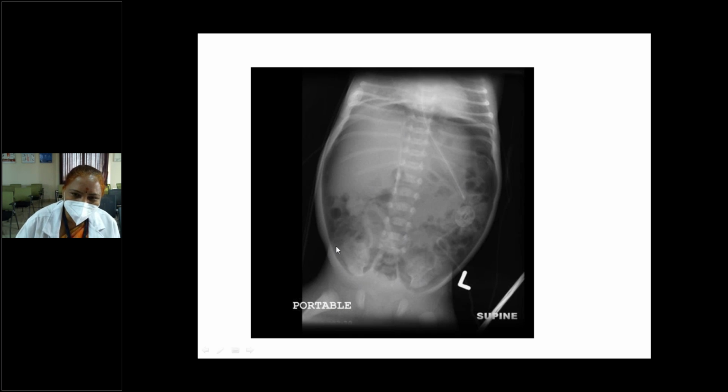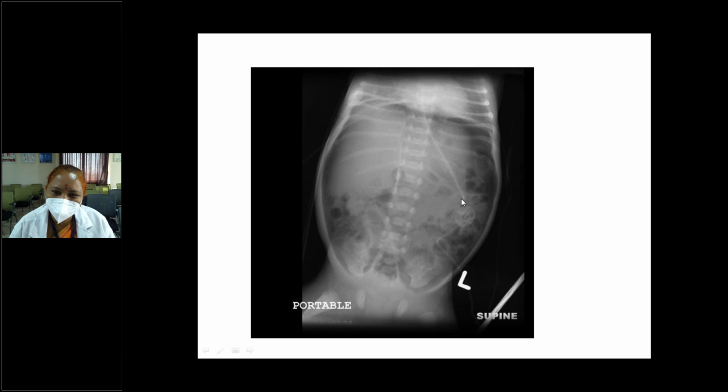Just now you can read. Is it AP view or PA view? AP view, ma'am, because you are able to see the vertebrae clearly. What findings are you able to see? Actually, this is the feeding tube, the tip of the feeding tube.